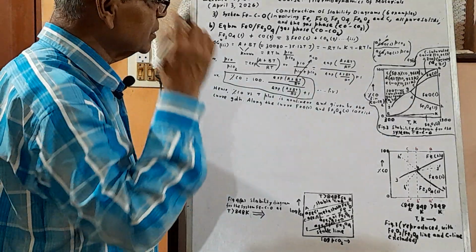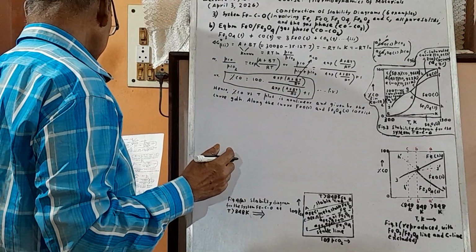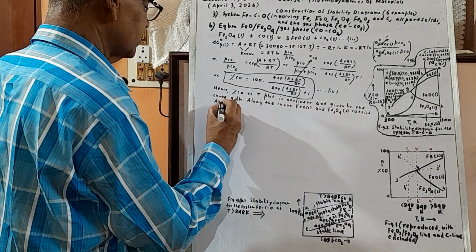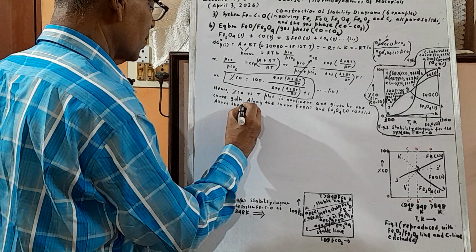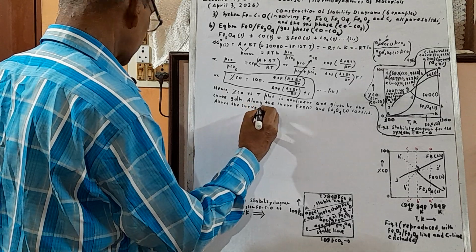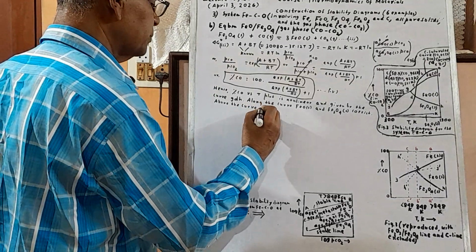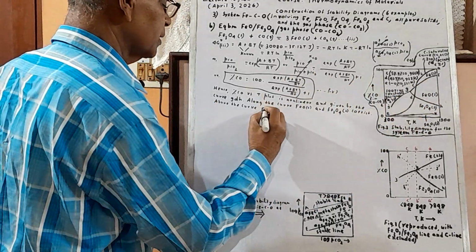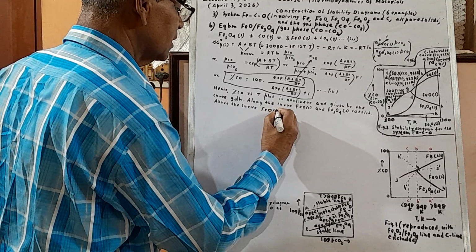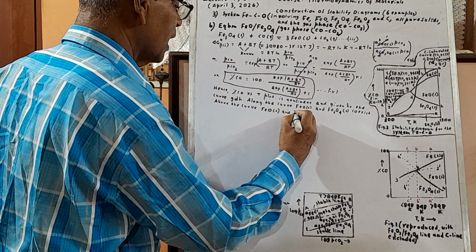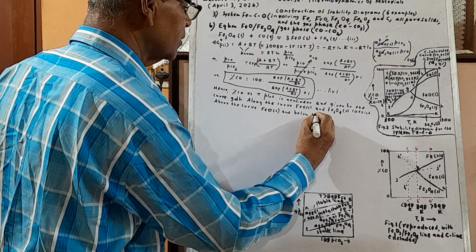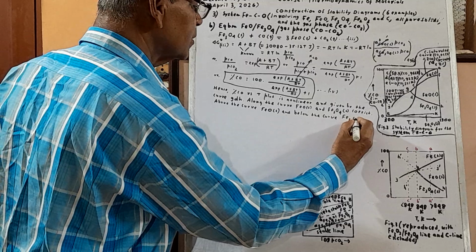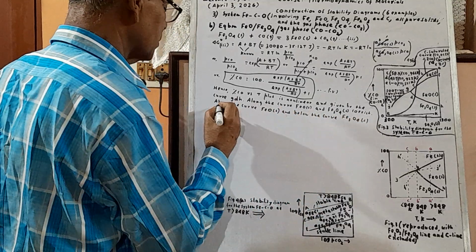So they coexist along the curve. Above the curve, FeO solid, and below the curve, Fe3O4 solid are stable.